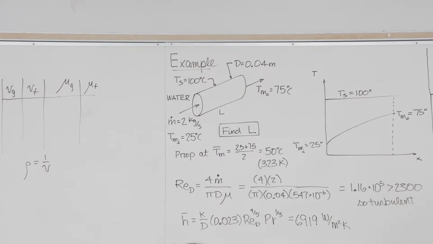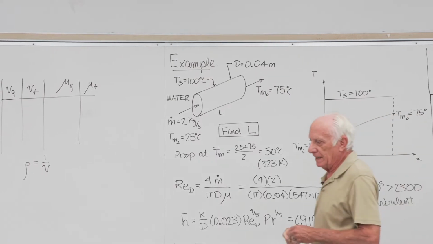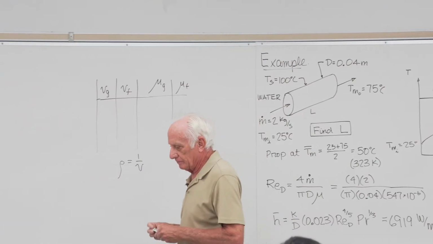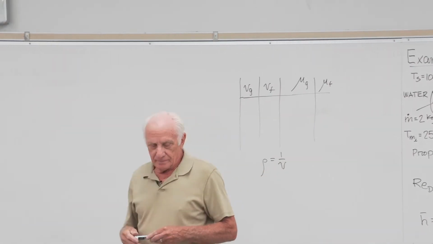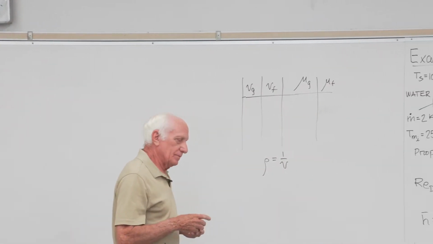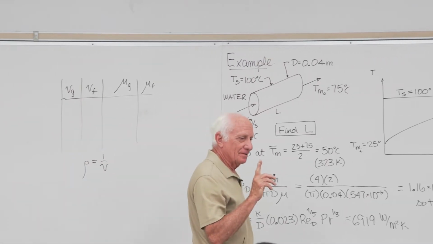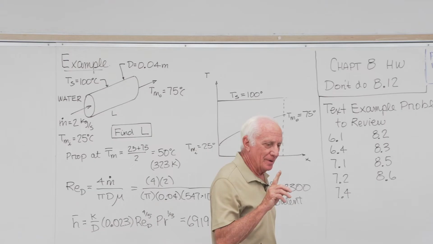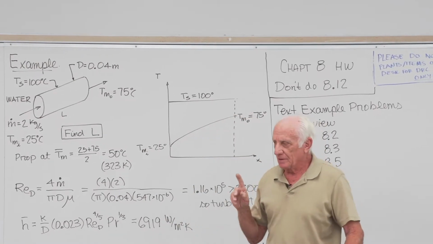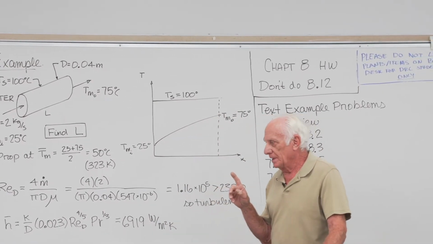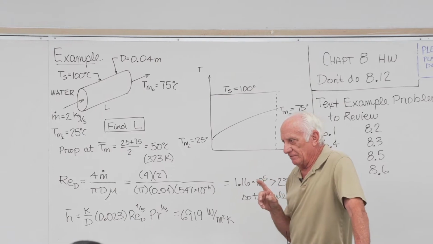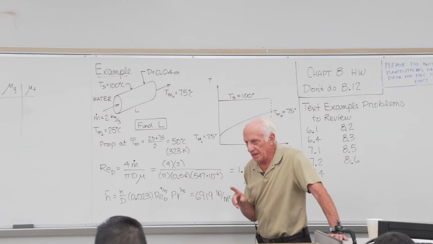Go to the decision tree for the h values that we did last time. There's only one equation for turbulent flow. It doesn't matter whether the tube has constant surface temperature or constant wall heat flux. It doesn't matter if the velocity profiles are developed or not.